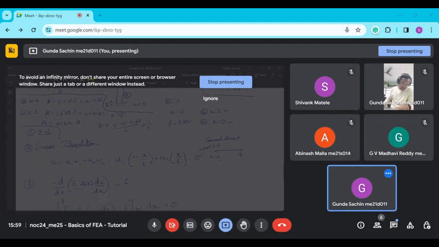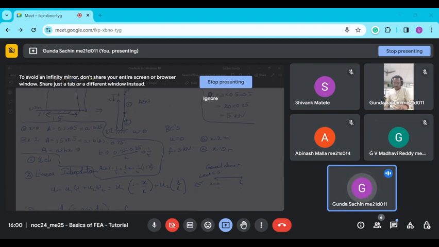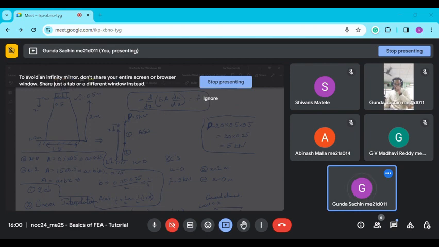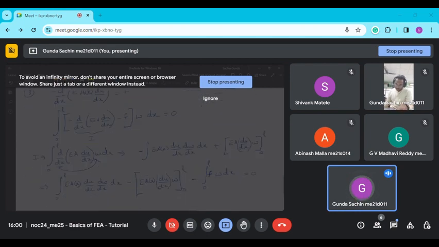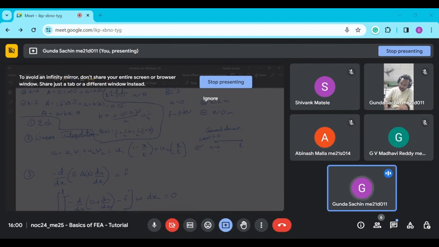A is also 1 by 4. Sorry, it's very messy, but you will have the area as 1 by 4 plus 1 by 4 x, that is 1 by 4 times (1 plus x). This is your area variation along x.